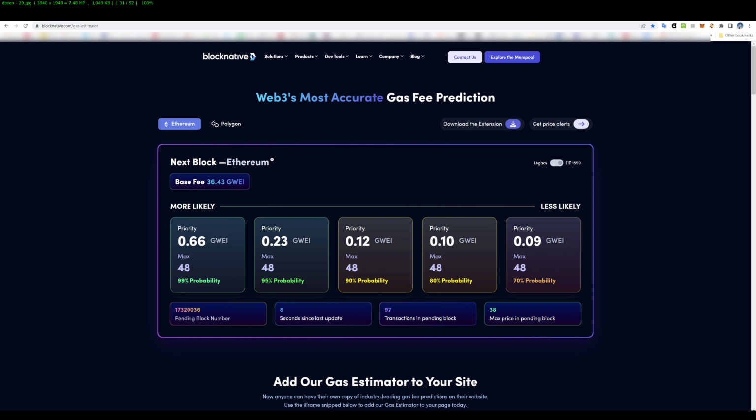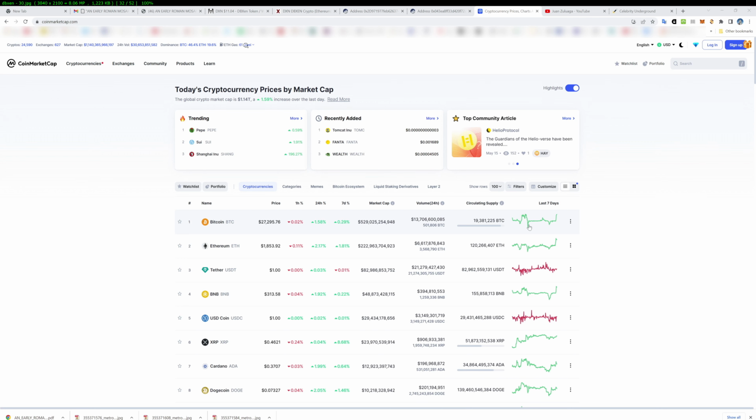There are also days that the transaction won't go through. I set my GWEI at 28, but for some reason GWEI started rising to 36, 61, even more. So I went to CoinMarketCap to see what's going on.